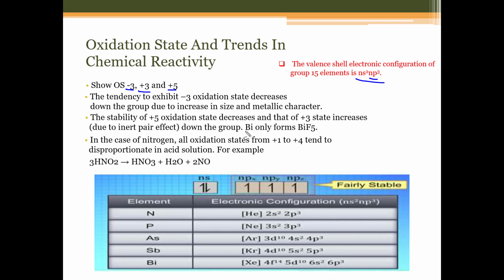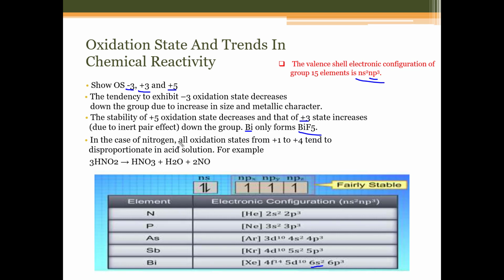And so that's the reason bismuth will exhibit an oxidation state of +3 only, due to the inability of the 6s electrons to participate in bonding. In fact, the only compound formed by bismuth in +5 oxidation state is bismuth pentafluoride.